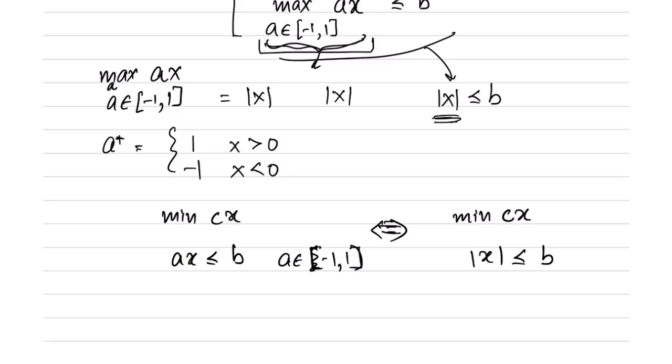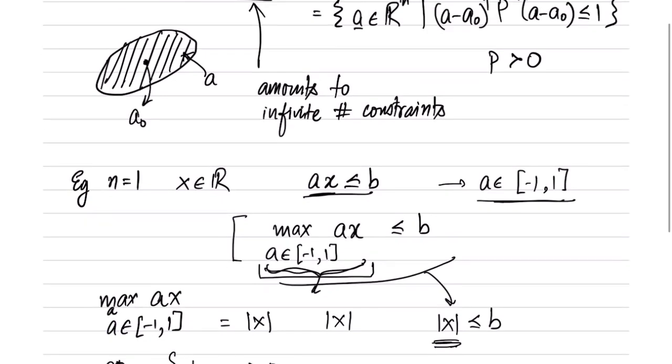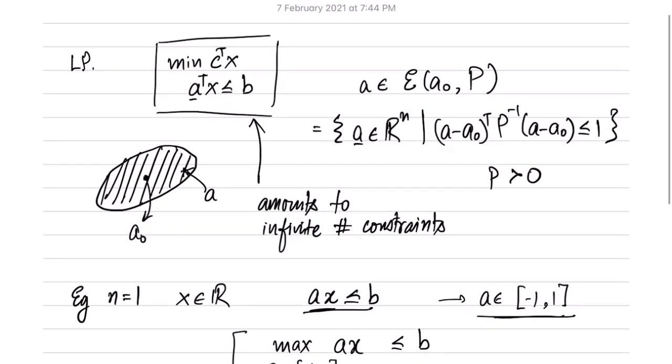So let's apply the same idea to the original ellipsoidal uncertainty problem.